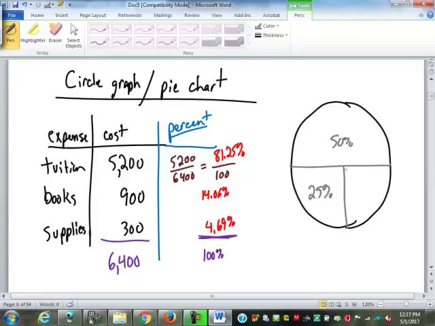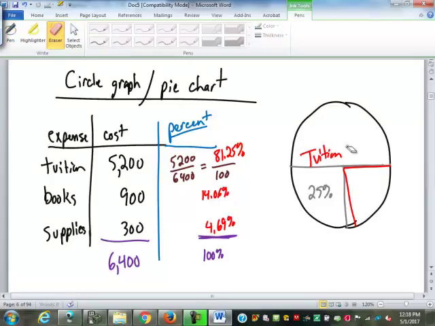So 81.25 is a little bit more than 75%. So 75% would be this right here, this whole wedge. So I'm going to do 75, the 81.25%, a little bit bigger than that. So something like that. That is tuition.